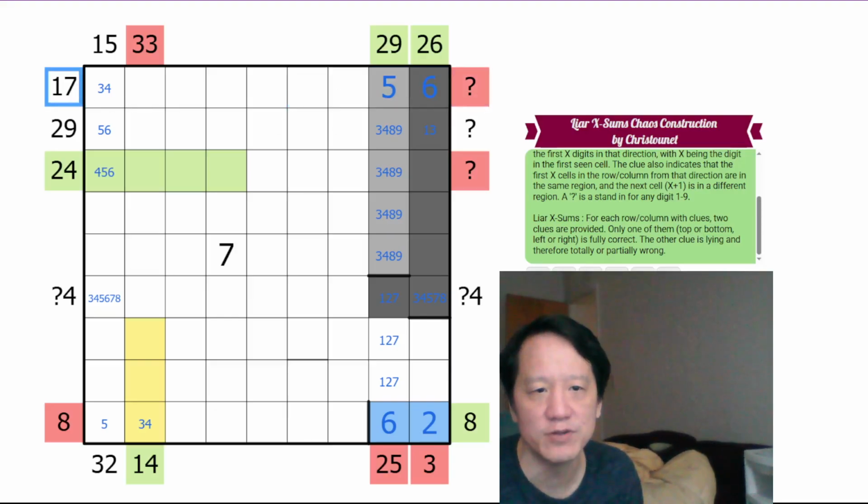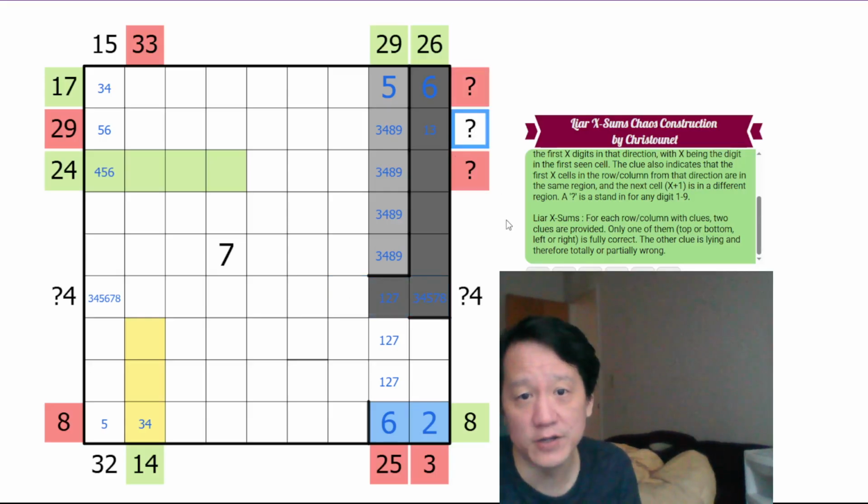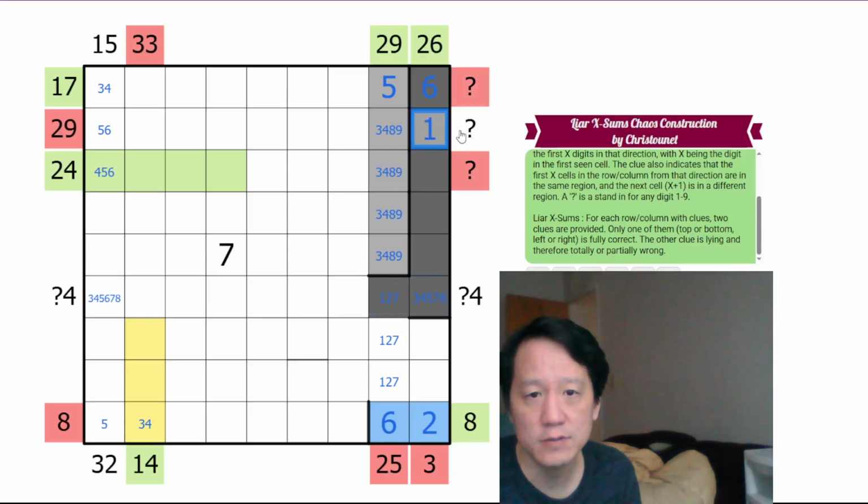So this must be valid here. This is invalid here. So this is done as a region. We don't know about this, though. So this is valid as a region. This must be a 1. So this is valid. This must go 3 or 4.